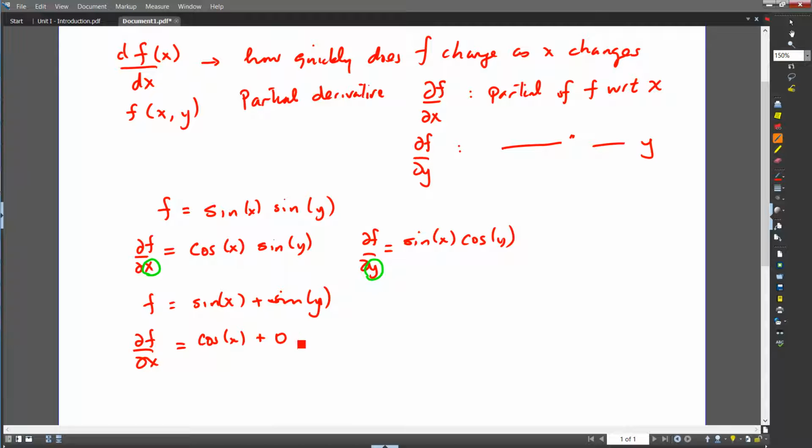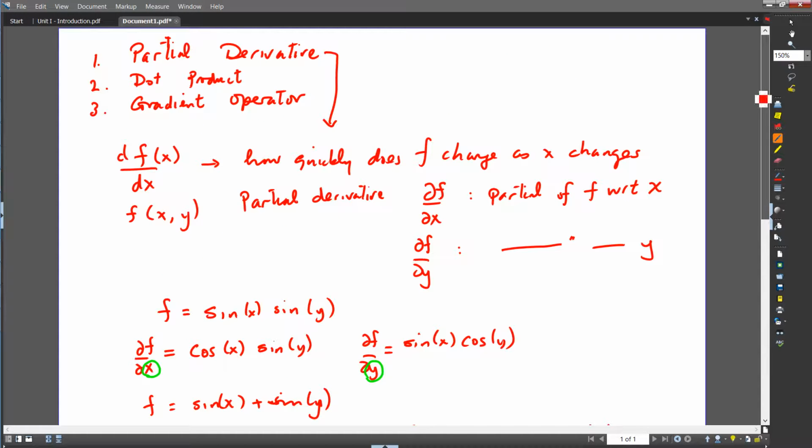So the partial derivative is just cosine of x. Similarly, if I do df dy, then the sine x term is constant, so when I differentiate that with respect to y, it's 0, and I just get cosine of y. So that's how you do partial derivatives, so we can check that one off.